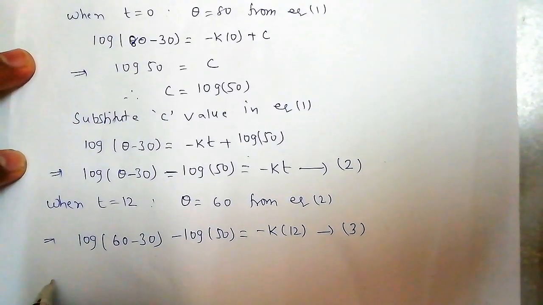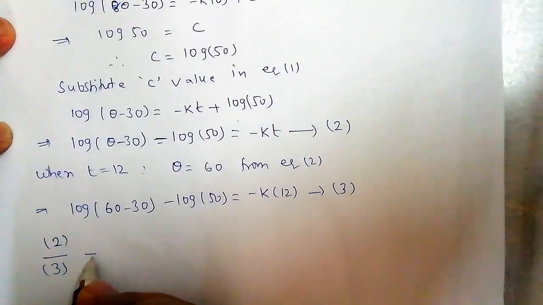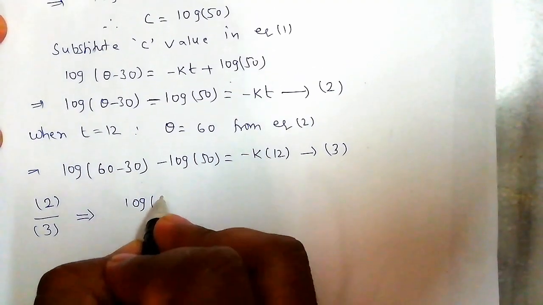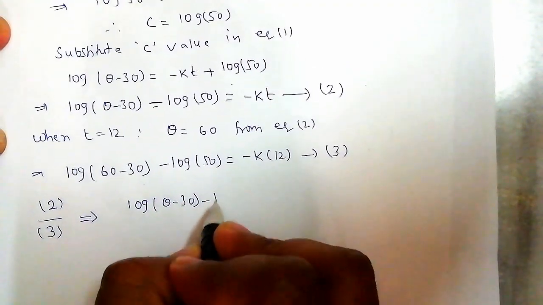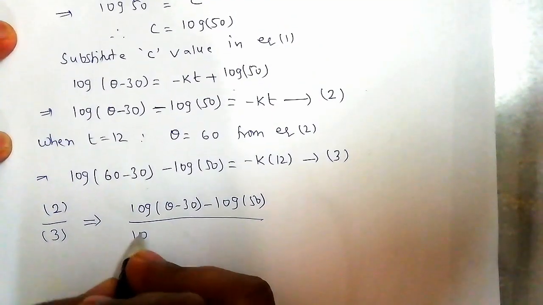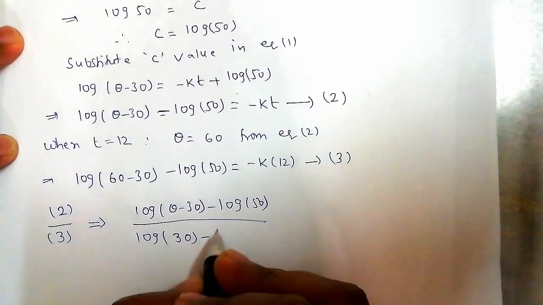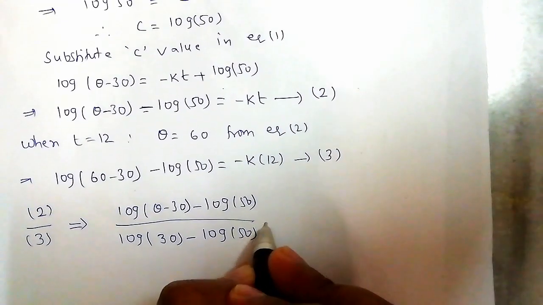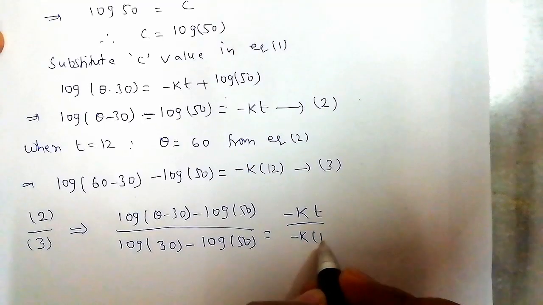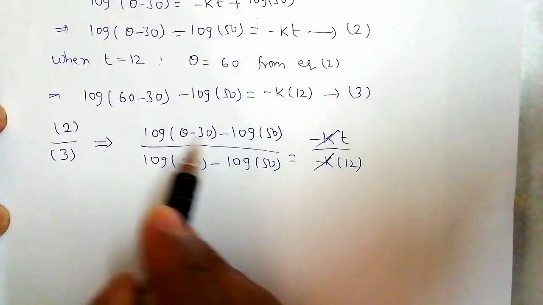Now what I want to do is equation 2 divided by equation 3. When I divide these two equations, I get log of theta minus 30 minus log 50, divided by log of 60 minus 30 minus log 50, equals minus k into t by minus k into 12. So k gets cancelled here.